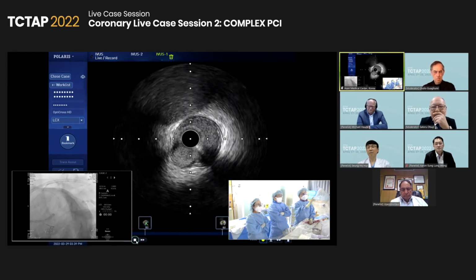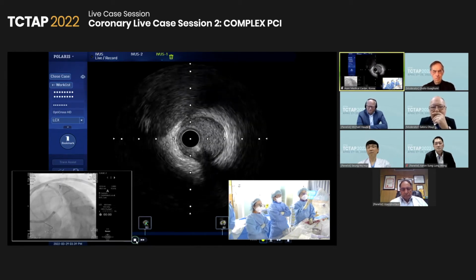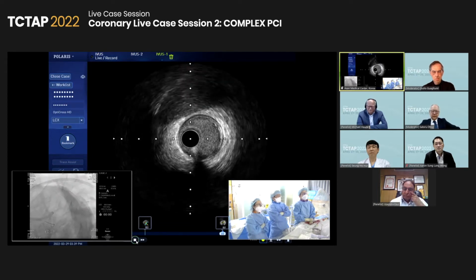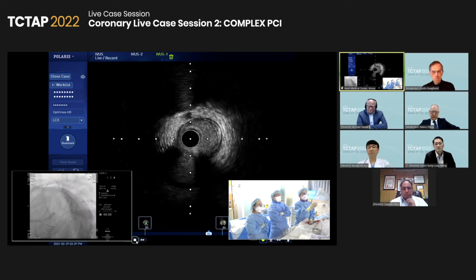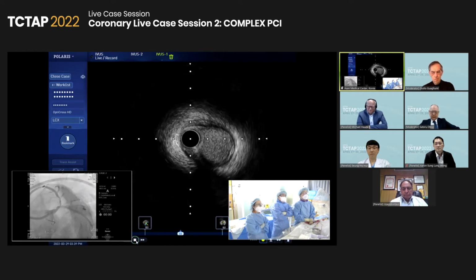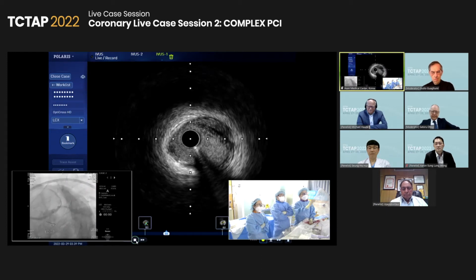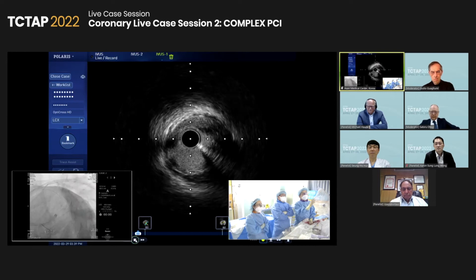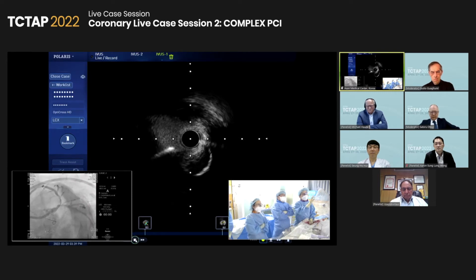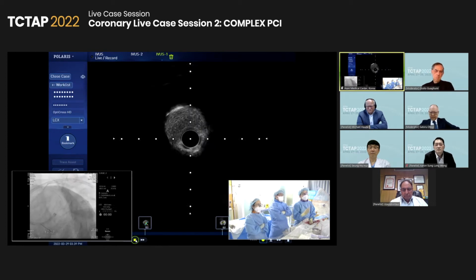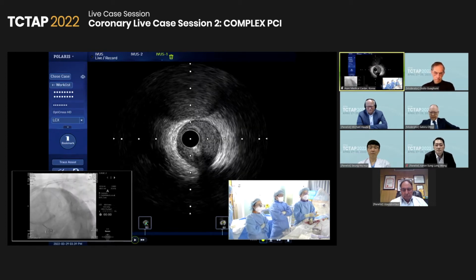The vessel size at the normal area was about 2.7. You can see again the ostium of the circumflex, and after the OM branch comes in, the balloon-related hematoma. There was some calcified plaque, but I think it was dilated after the 2.5 balloon.